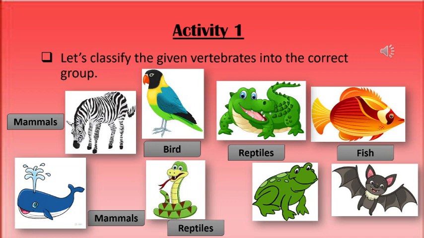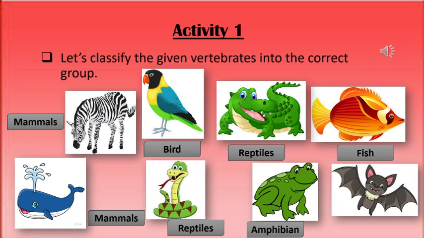And the next picture shows a frog. What do you think? Which group does the frog belong to? It has a moist skin, so it is an amphibian. And here is the last picture. In the last picture, it shows a bat.